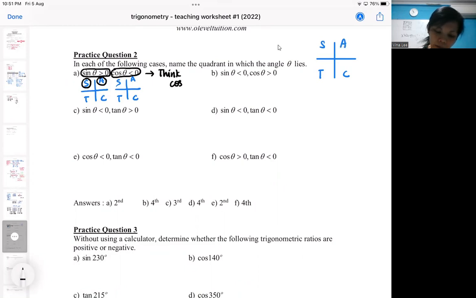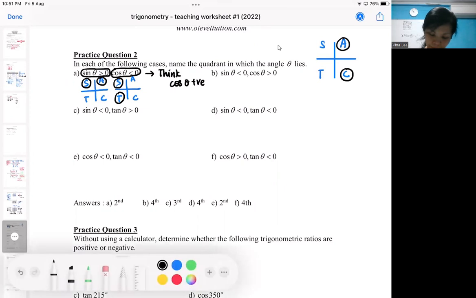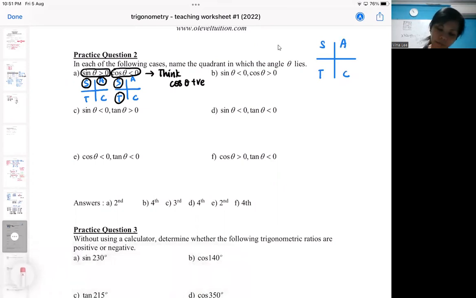Cosine theta is positive in the first and fourth, so cosine theta will be negative in the second and third. You think where is cosine positive so that you know where is the negative part.